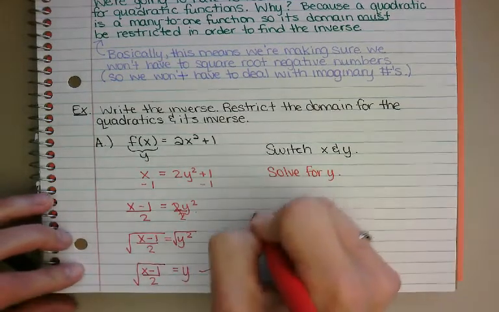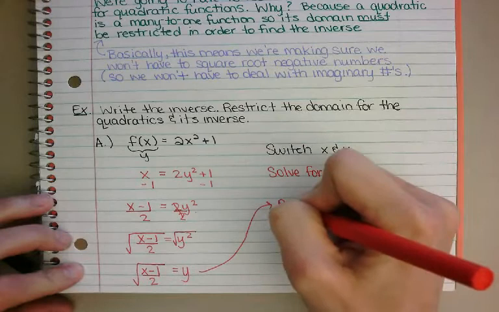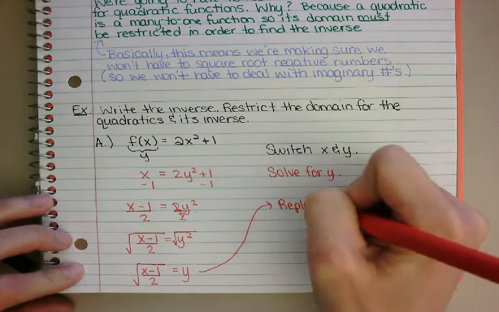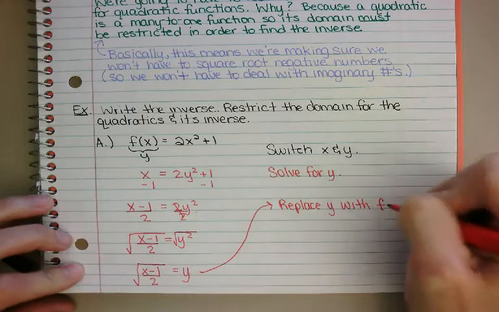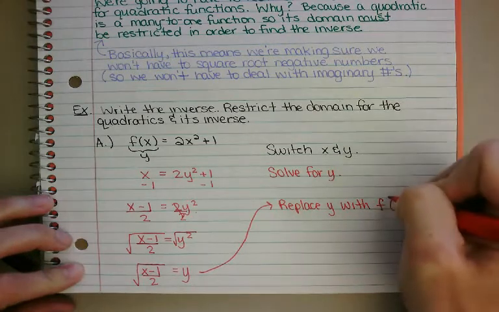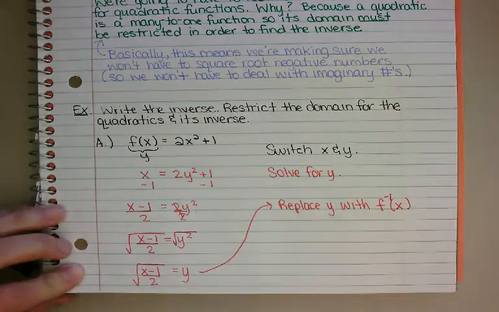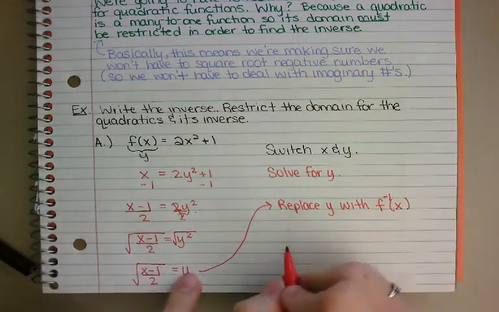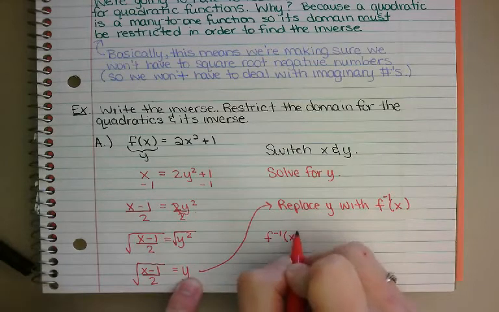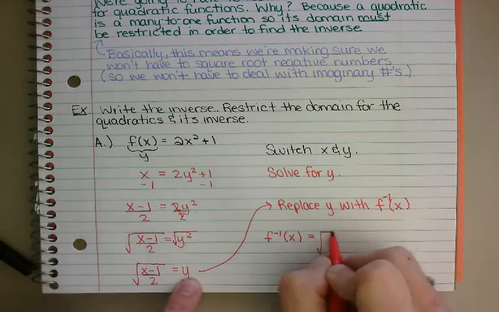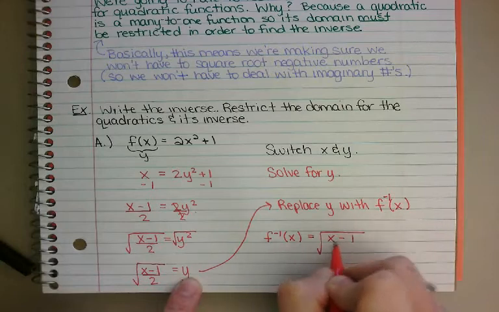And then I need to replace the y with the function notation, but remember the inverse has that negative 1 to it. So instead of a y, I'm going to say f inverse of x equals the square root of x minus 1 over 2.